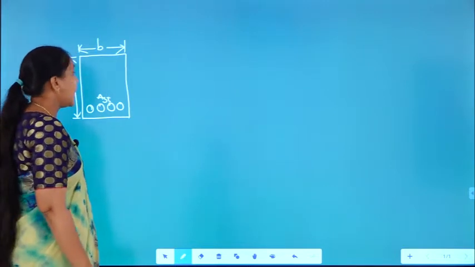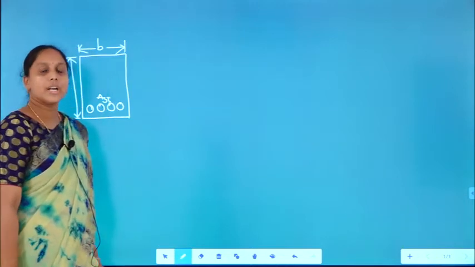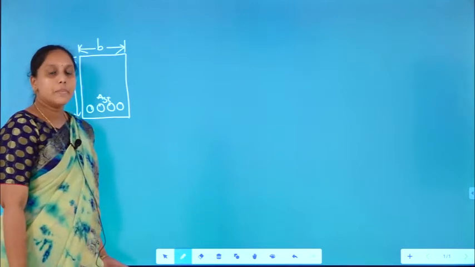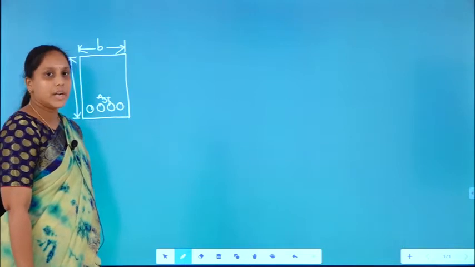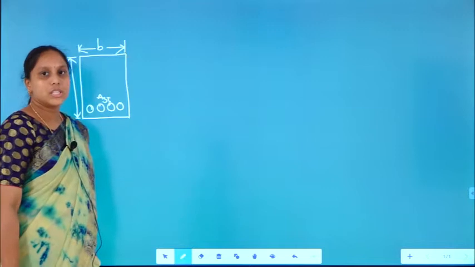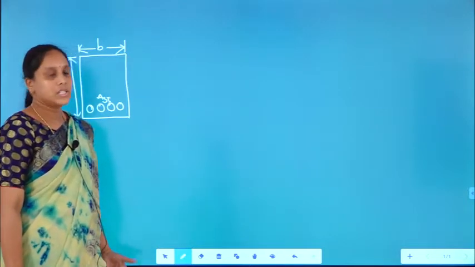Now, if this particular beam is loaded, it will undergo deformation. In the limit state of collapse flexure, we have studied the strains in the concrete as well as the strain in the steel.